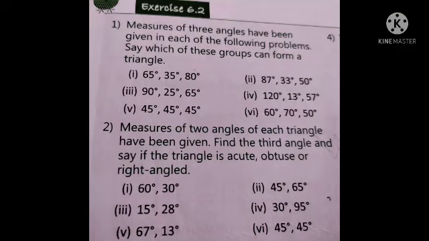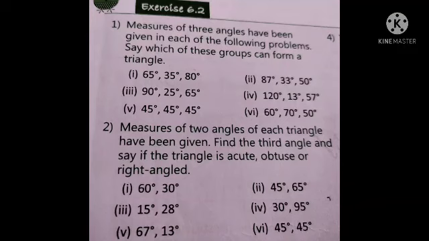If the sum of these given three angles is 180 degrees, then those angles can obviously form a triangle. If the answer is not 180 degrees, in that case such angles cannot form a triangle. Okay, so this is the method to solve the first question.